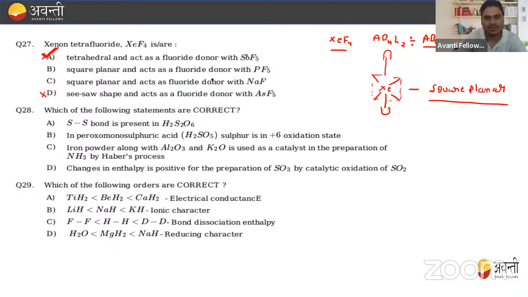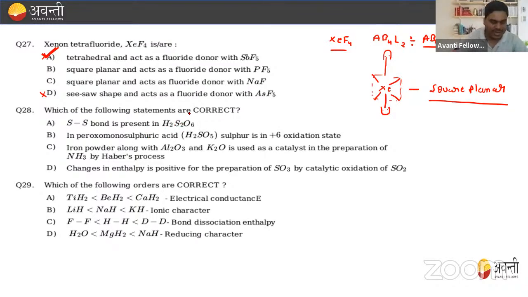Square planar and acts as a fluorine donor with PF5. And square planar and acts as a fluorine donor with NaF. So these are three, and the fourth option is seesaw shape, except this A and C.